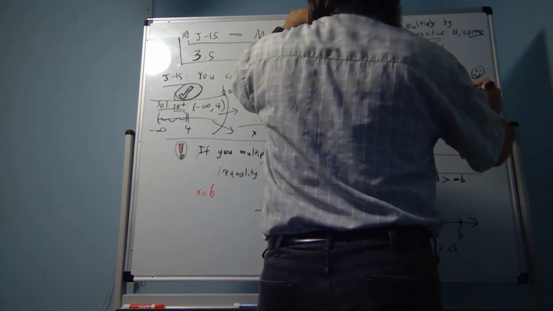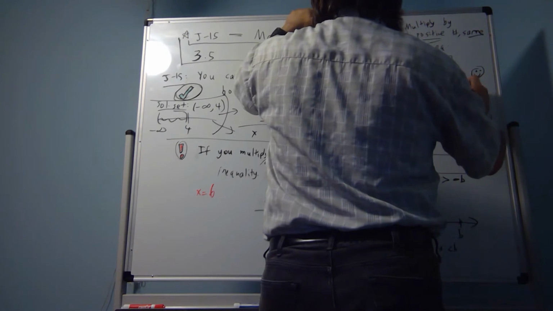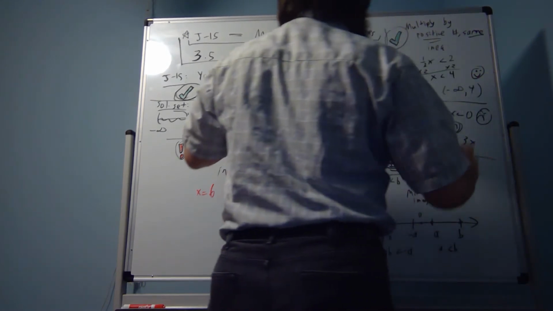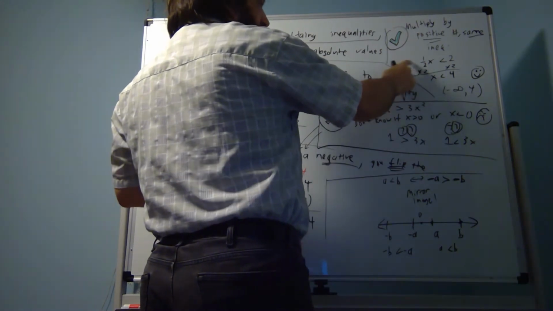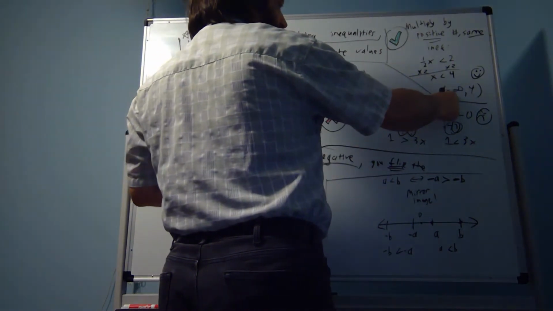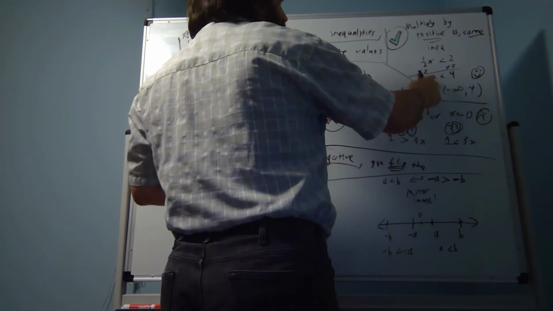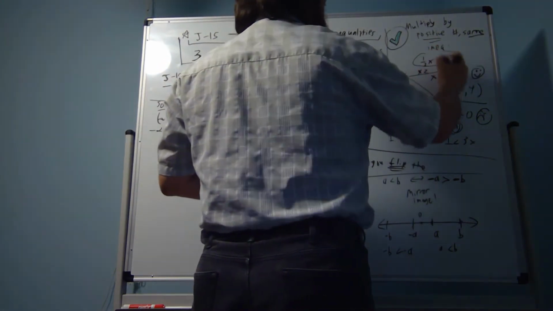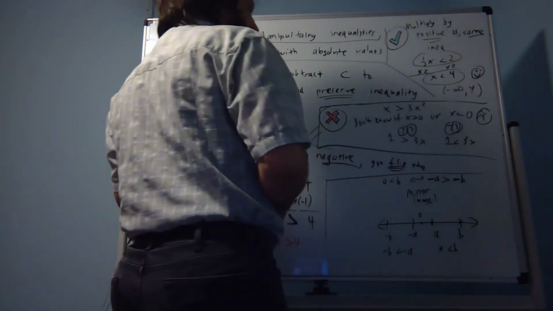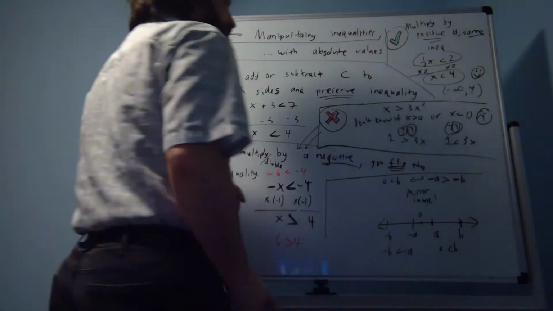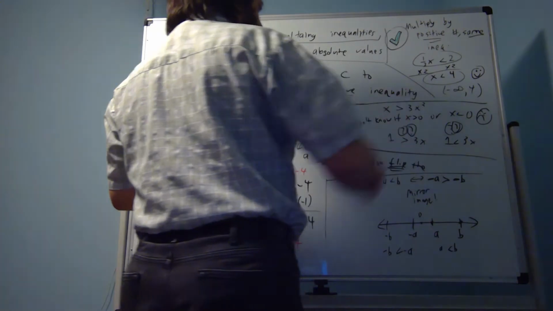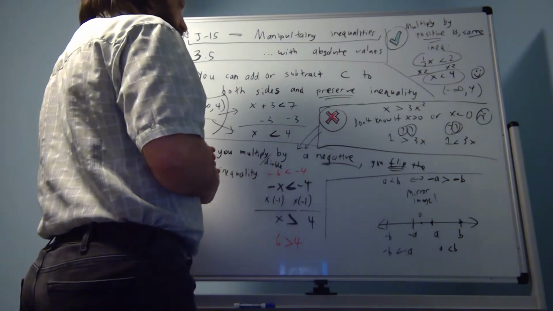So the solution set here would be: x could be any number that's less than 4. You can check: pick any number less than 4, and then these two inequalities are either both true or both false. If x is exactly 4, then 2 is not strictly less than 2, because 4 is not strictly less than 4.